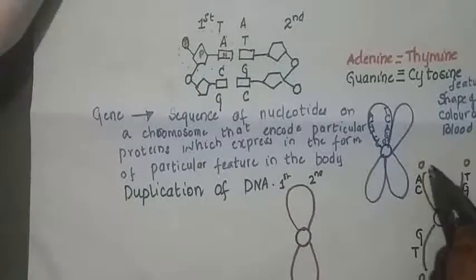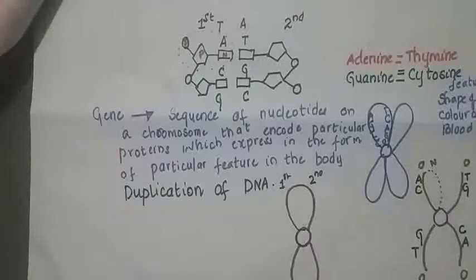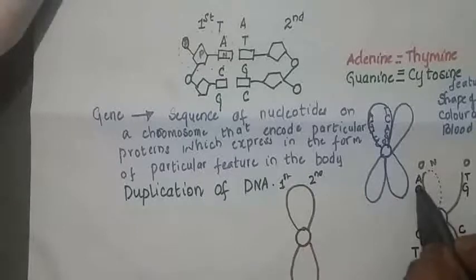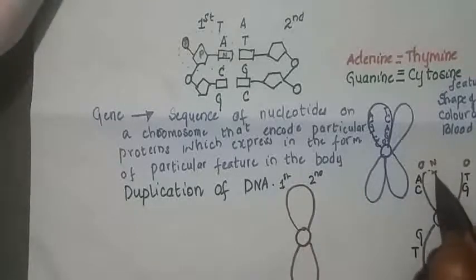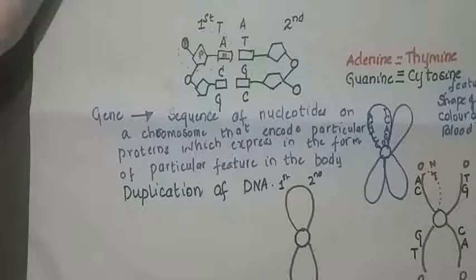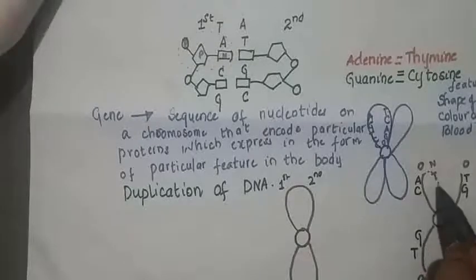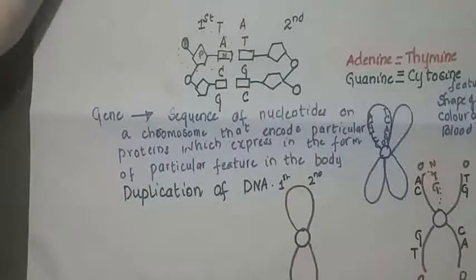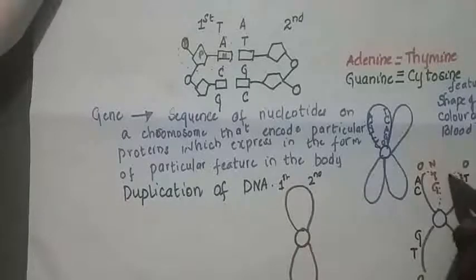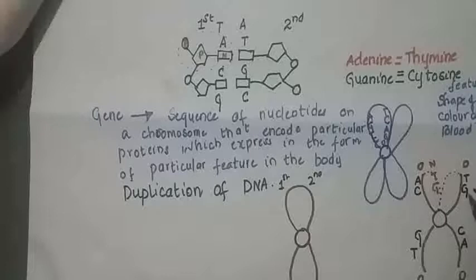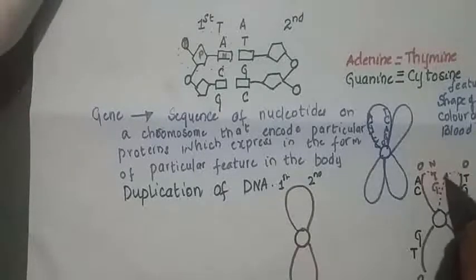So this is a new strand which is formed, and if there is an adenine here, definitely in the new strand you have a thymine formed. If you have a cytosine here, you have a guanine formed. In the same way, even on the other strand which has separated, opposite to that you have one more DNA strand formed. So if this is thymine, you have an adenine, you have a guanine here, there should be a cytosine.